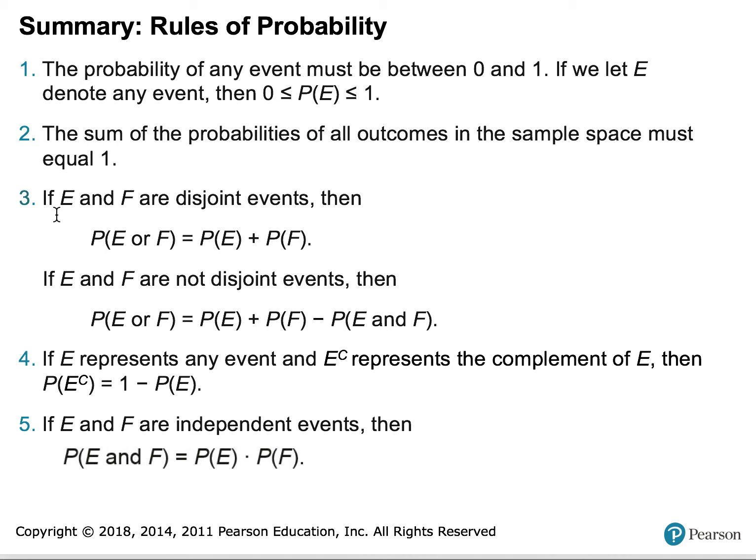This is E or F, and really this is the only rule we need, right? If they're disjoint, we can shorten it, but if they're disjoint, this is 0, so same thing. Okay, here's our complement, and this is related. They don't have the at least one rule up here. Let's add that, actually. Okay, and the and you multiply.